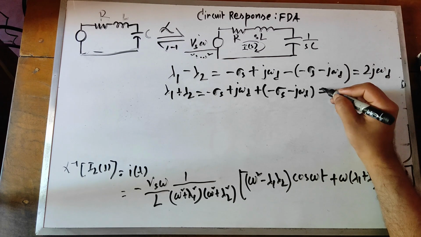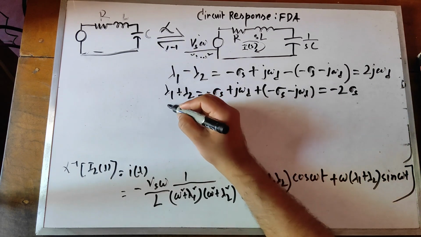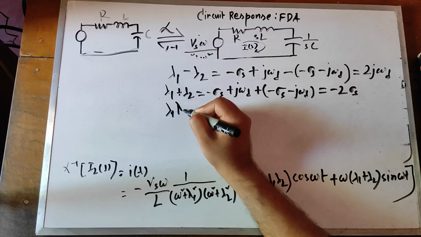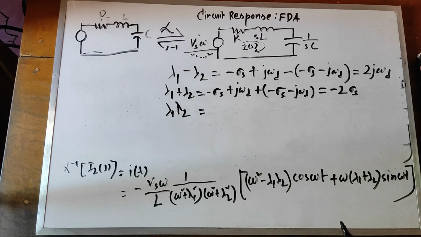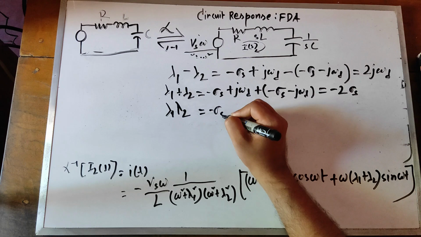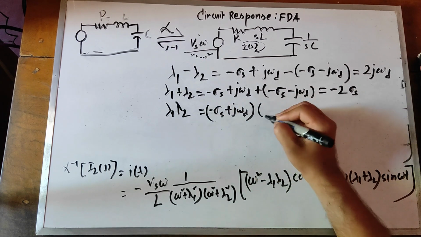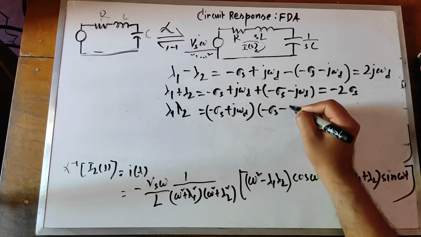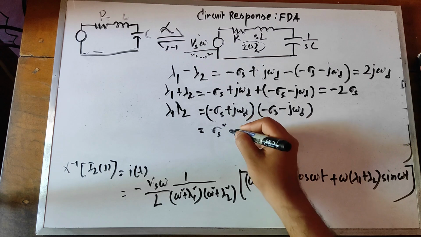This will give me minus 2 sigma s, then lambda 1 lambda 2. This will give me minus sigma s plus j omega d minus j omega d, sigma s squared.